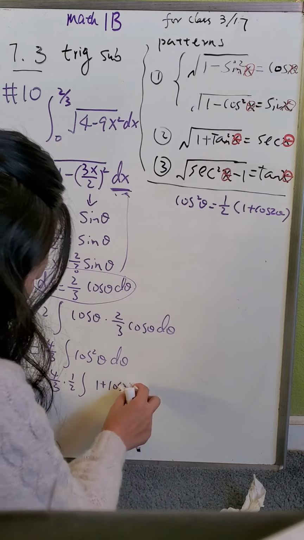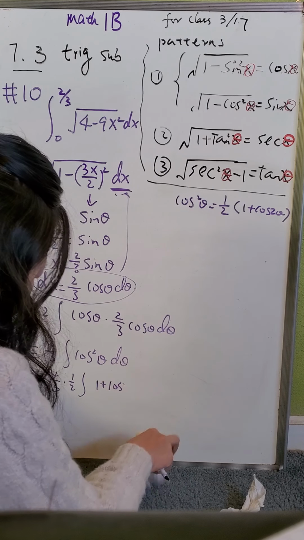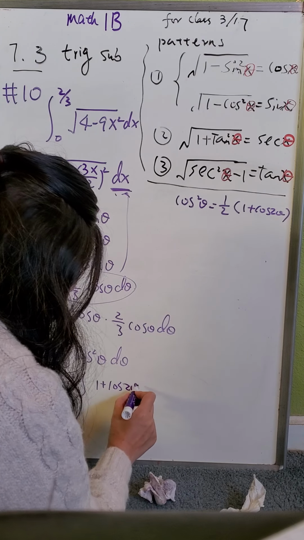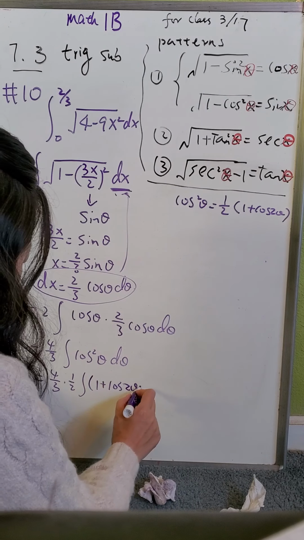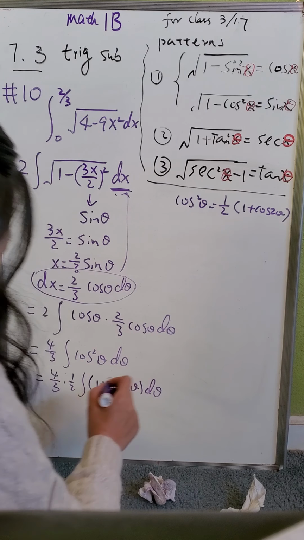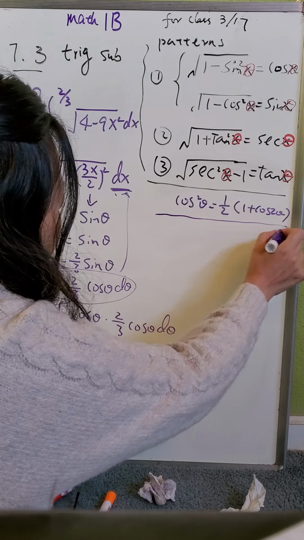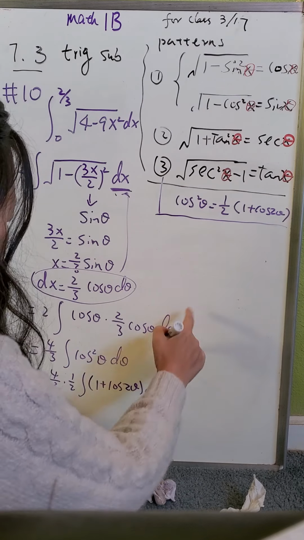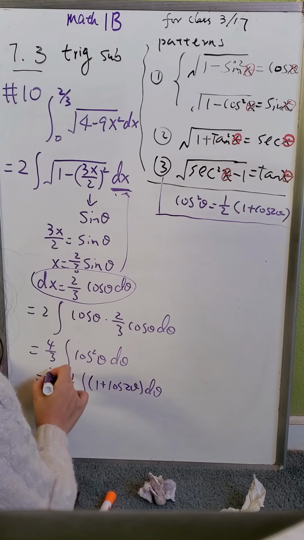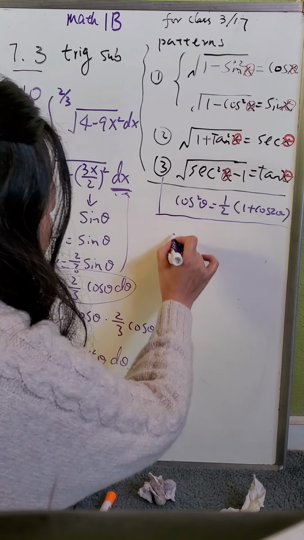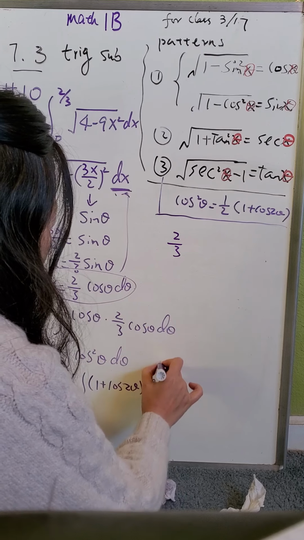Sorry about the writing here. It's just really hard to write so small. And then d theta. Okay? And then after that, I'm going to continue here. So this is for the formula. And then this part goes up here, so that's equal to 2/3. I'm going to continue here, okay?